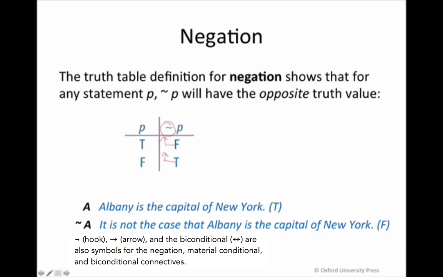So let's take, for example, the sentence, Albany is the capital of New York, and that is true. If we assert it's not the case that Albany is the capital of New York, we're asserting a sentence that's false, right? So let's take another example. If I say Pierce College is in Woodland Hills, California, I know that sentence is true.